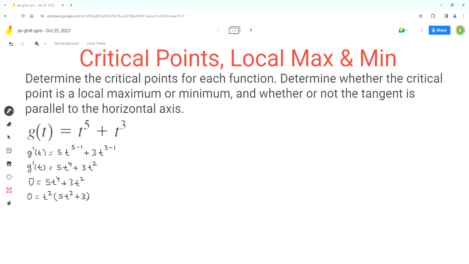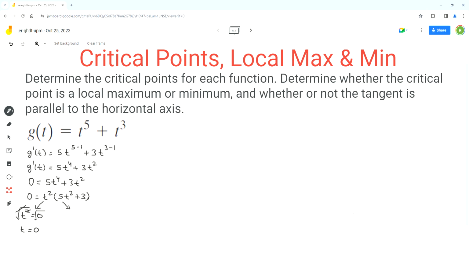The first case is t^2 equals 0. Now we can apply the square root to both sides. So the square root and square cancel each other out. So we get t equals 0. So that's the first critical number.